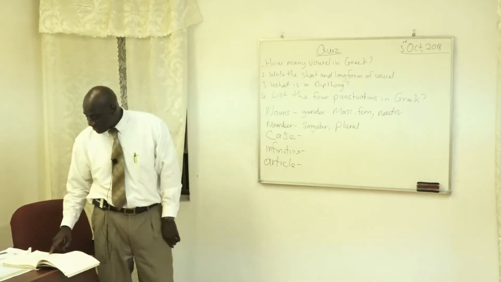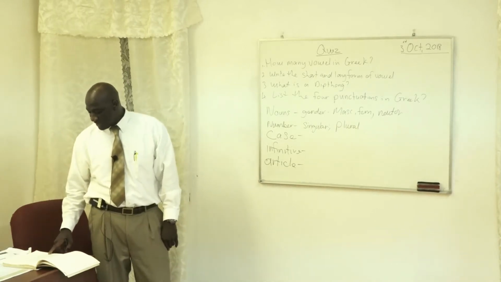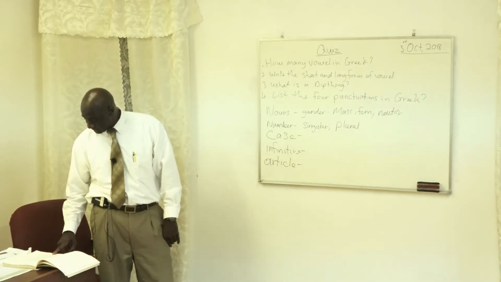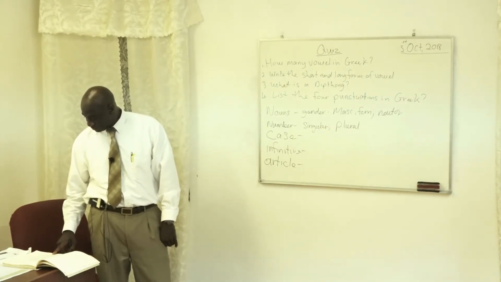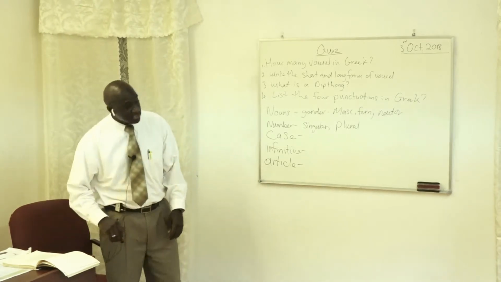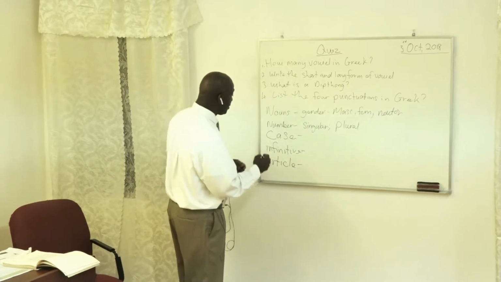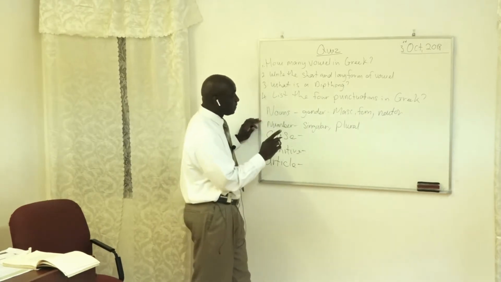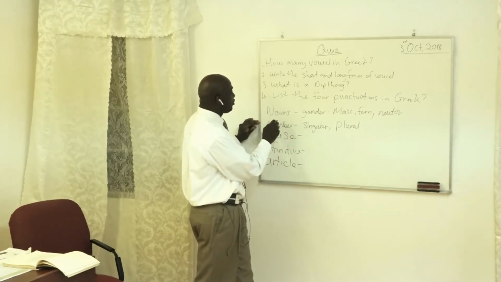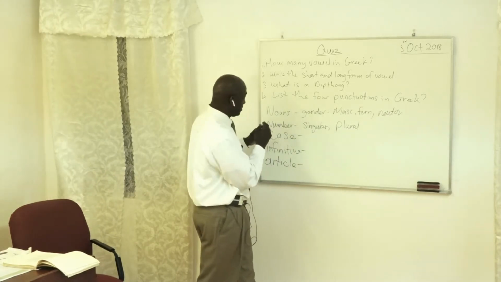When the article comes in front of it, it acts as, think of it as what? The act of swimming. And so, what we want to do, we want to familiarize ourselves with nouns.